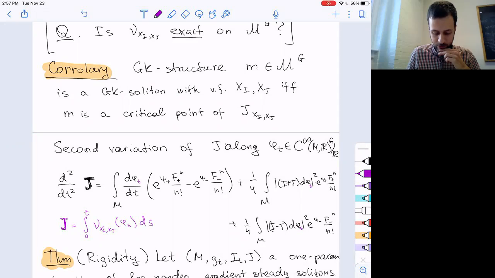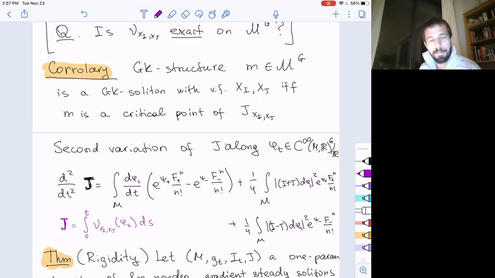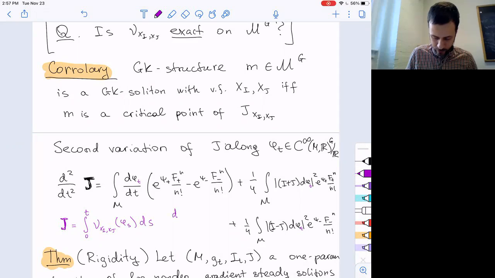Does it make sense? Yeah. So the second derivative of this bold j is the same as the first derivative of nu of phi t.